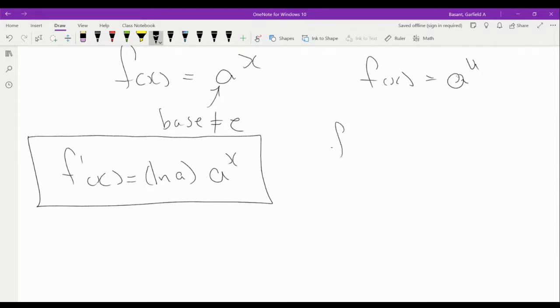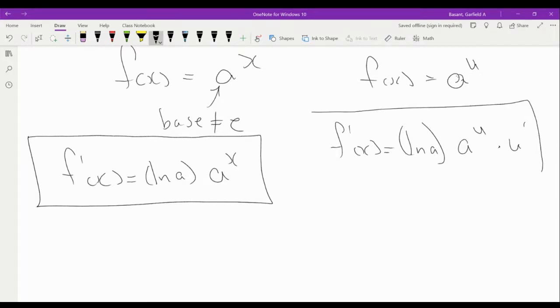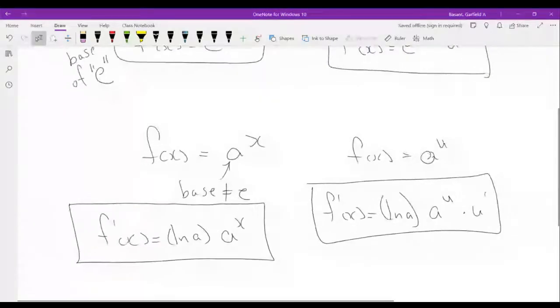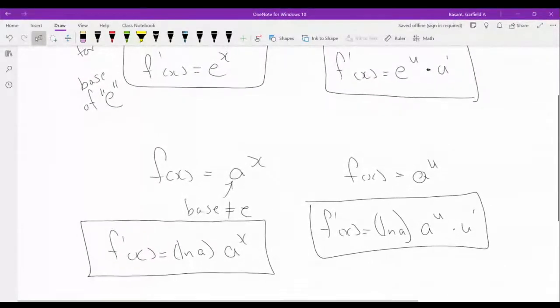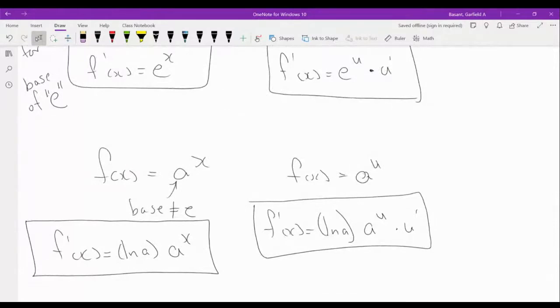The second one says f prime of x is still equal to the ln of a times a to the u times u prime. So the only difference between this and the previous problem was that whenever the base is not e, we need to include the ln of a.